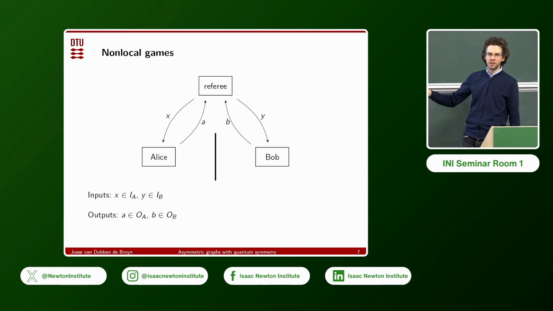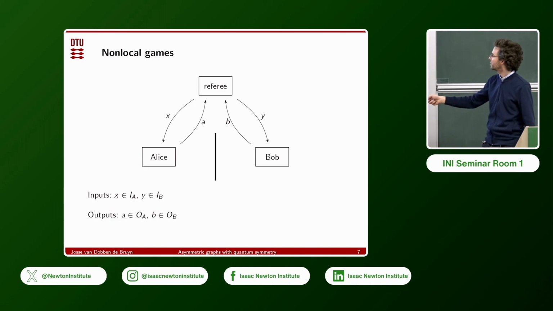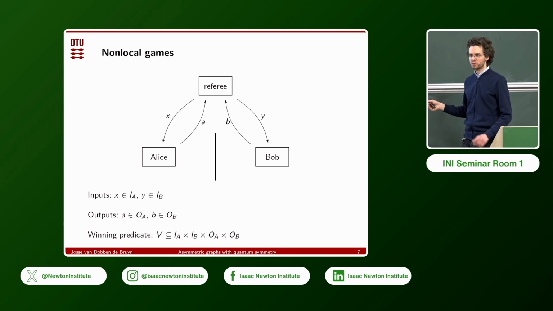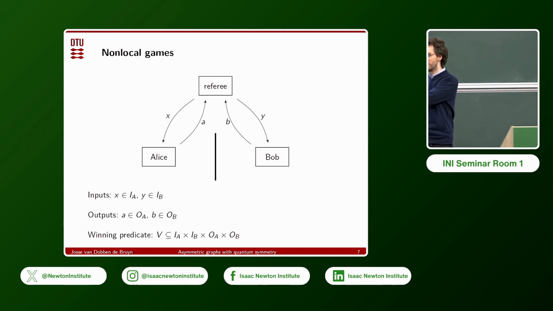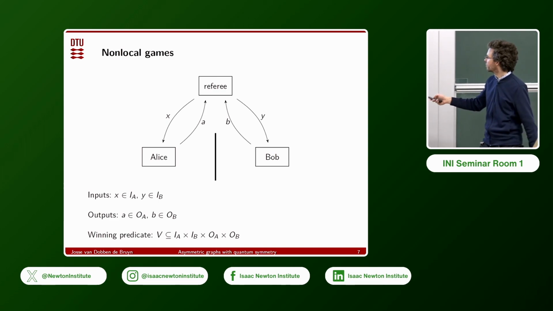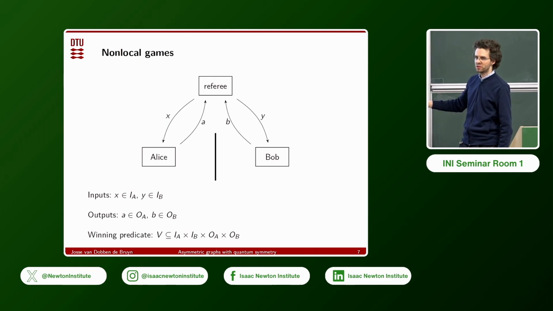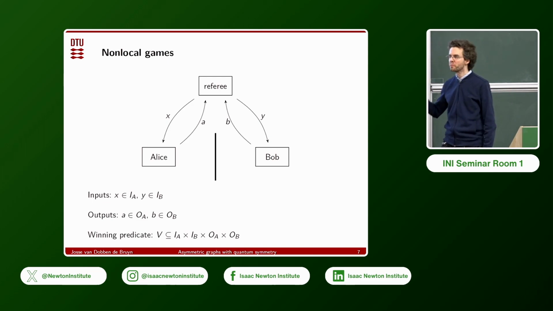And then Alice and Bob answer with their answers from the output sets. But Alice and Bob are not allowed to communicate during the game. And then the players are playing together and they win if the tuple of inputs and outputs satisfies some winning predicate.